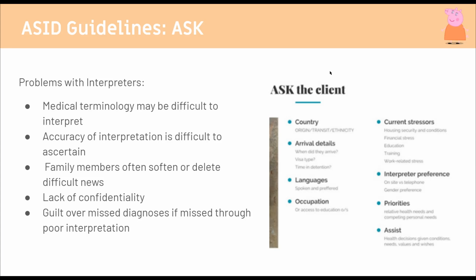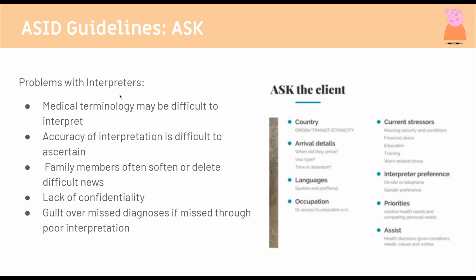Because even though, for example, you might be good enough to talk to your parents if they speak a different language, you might not have the medical terminology to actually explain to them. So you might need to get an interpreter, even though you might be good with just everyday English. So that's basically it.